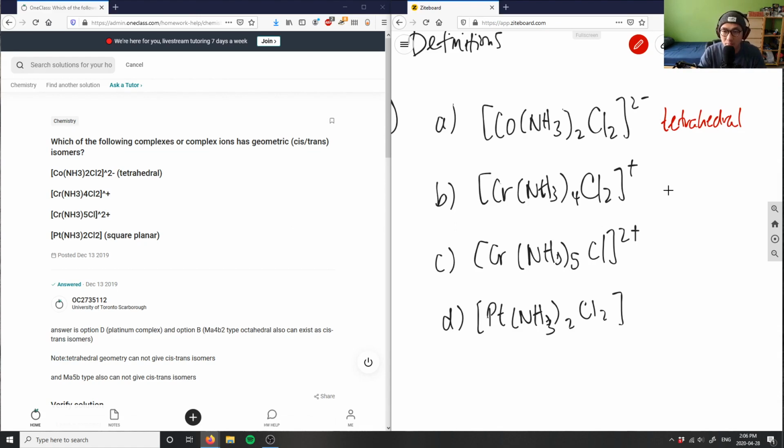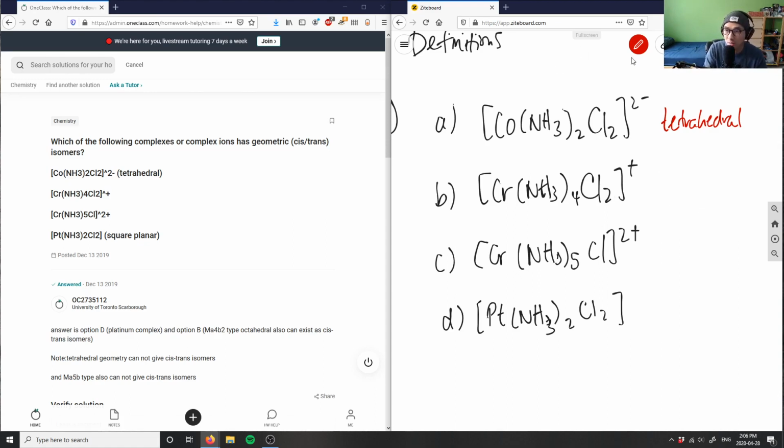B is a chromium as well. It has 6 bonds, right? Chromium makes 6 bonds, 4 with ammonia and 2 with Cl. Option B here is octahedral, right?